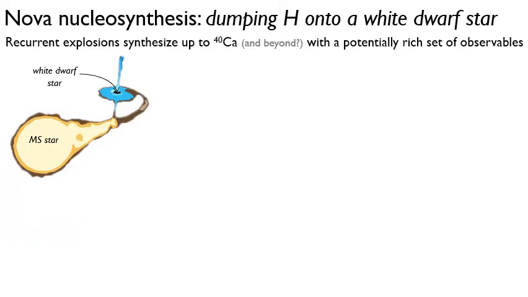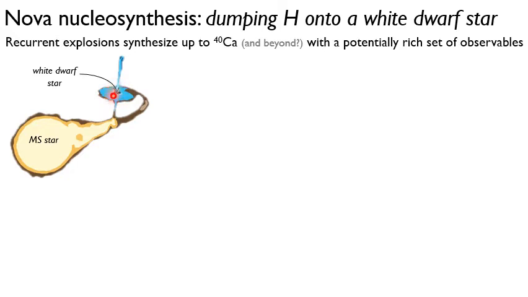So in nova nucleosynthesis, you have some ordinary star on the main sequence, maybe our sun or something like that, in a very close orbital separation to a white dwarf. We're talking Earth-Sun distances, or even a fraction of that, very close together. Your regular star will have overfilled its Roche lobe, and it will start transferring gas into an accretion disk onto the surface of your white dwarf.